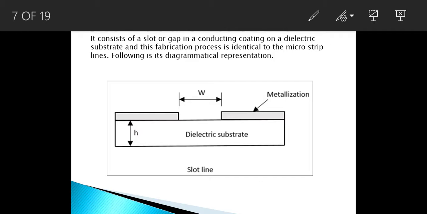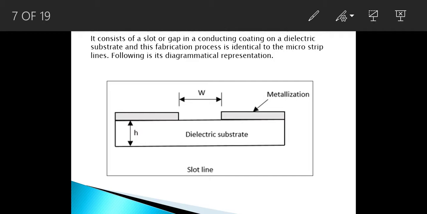Hence, it does not support a TEM mode. The electromagnetic wave travels along the slot line, which encounters substrate and air as a medium for the transmission, and hence the effective dielectric constant is equal to the average of the both.